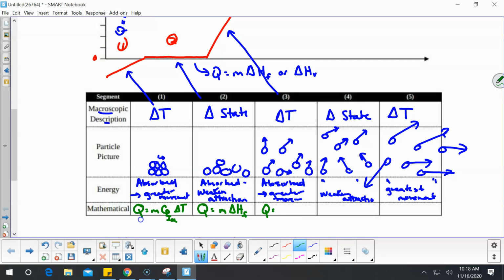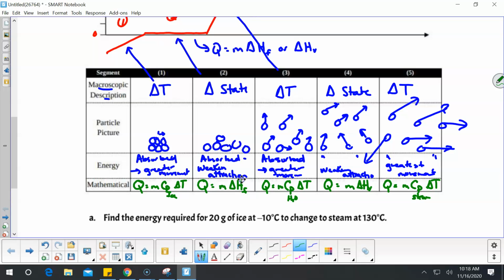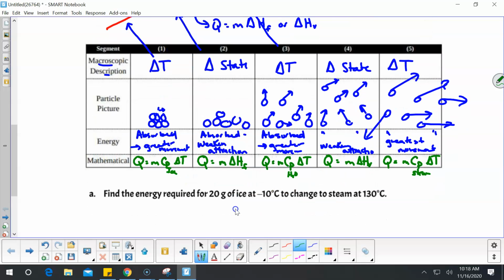Change in temp again: mass times the C sub P, and this time it's water, a liquid, times the change in temp. This one, change in state, equals mass times the heat of vaporization. And the last one is Q equals mass times the C sub P for steam, times the change in T. So those are our equations. We really have two equations. You just have to recognize if you're going to use change in fusion or change in vaporization.